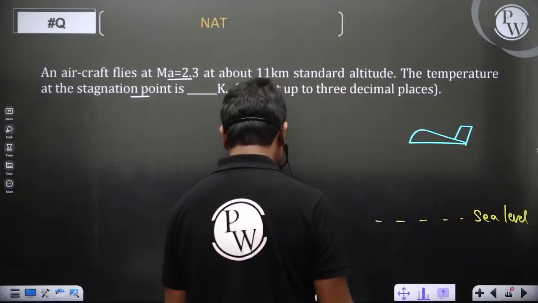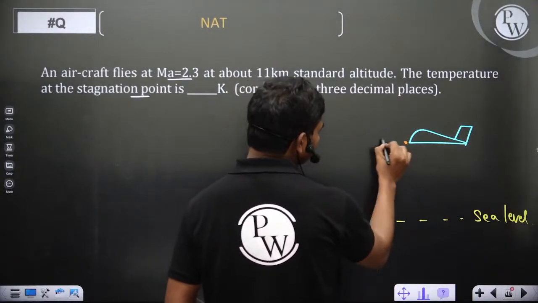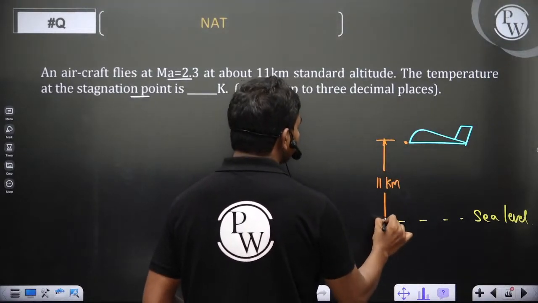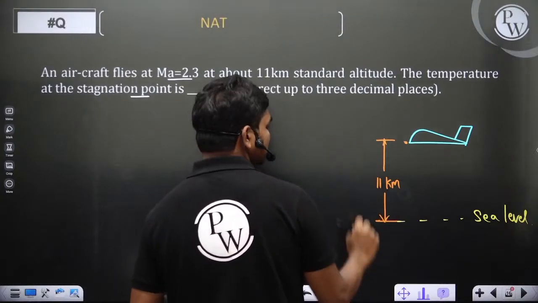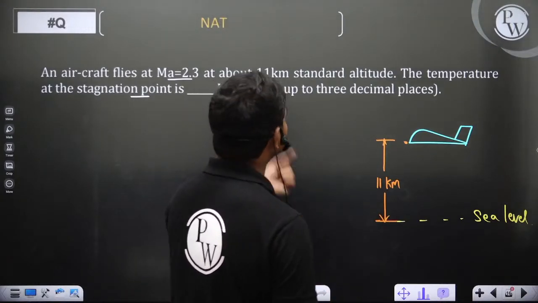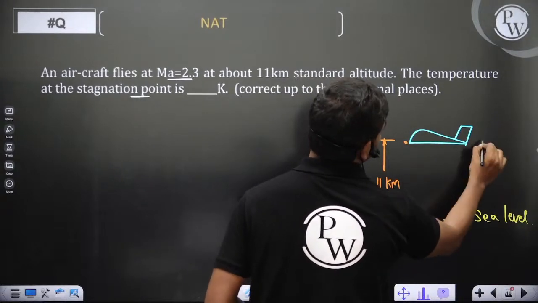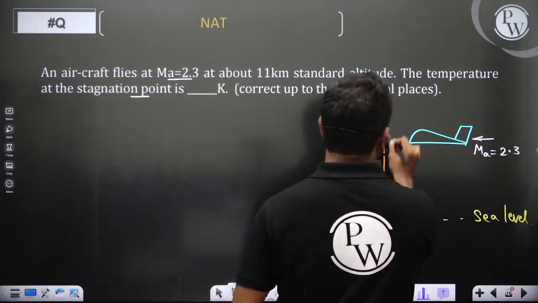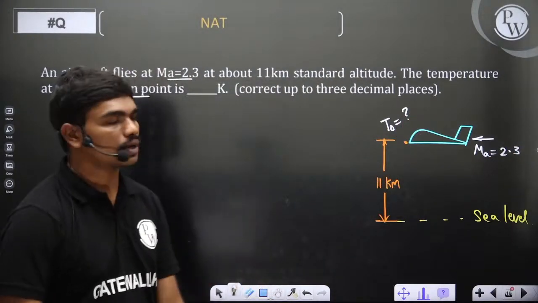Let's say this is the stagnation point, and this plane is flying at an altitude of 11 kilometers at a Mach number of 2.3. So what is the stagnation temperature? That's what we need from this question.